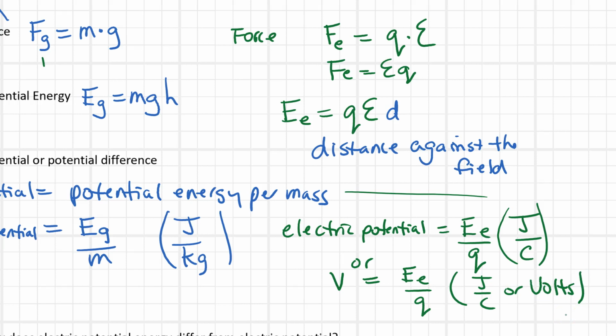So it's a bit of a crazy one in that the letter we use is V, and then the units is volts. And in order to make sure I don't get confused between velocity, I like to use uppercase V for volts.